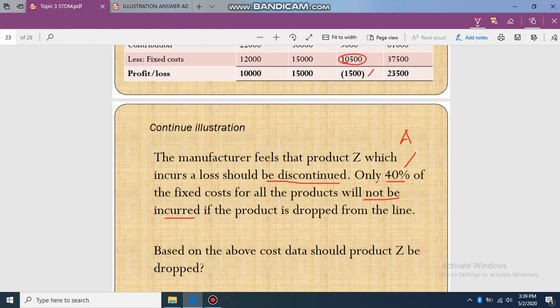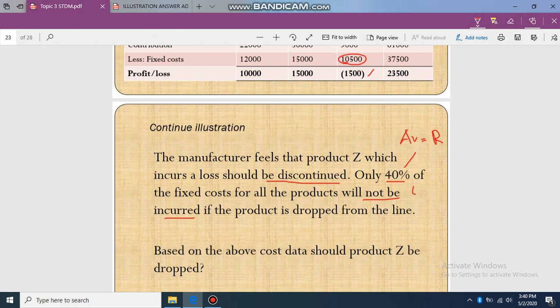So this is avoidable. When it's avoidable, it will differ between the alternatives. If it's discontinued, you can avoid it. If you produce, you will incur it. So this is relevant. The 40% will be relevant. How about the other 60%?